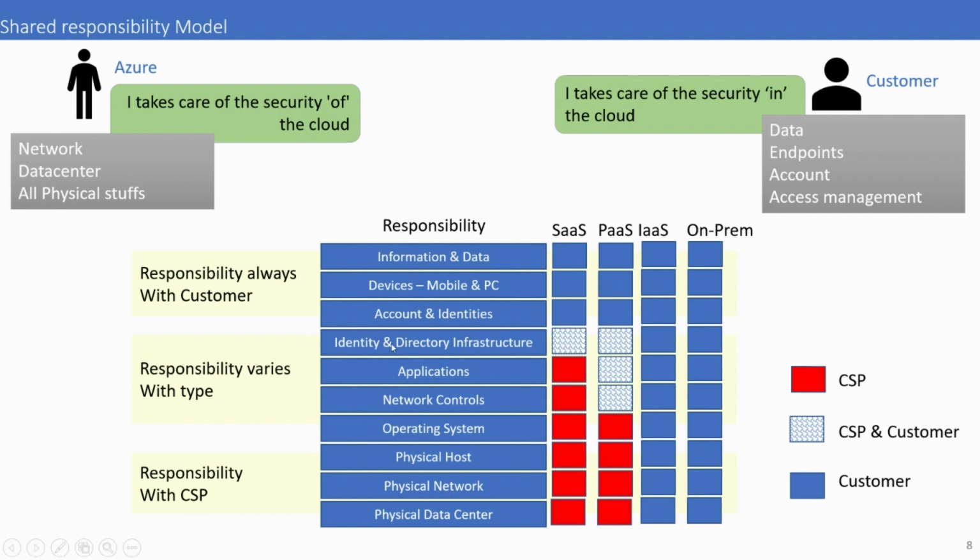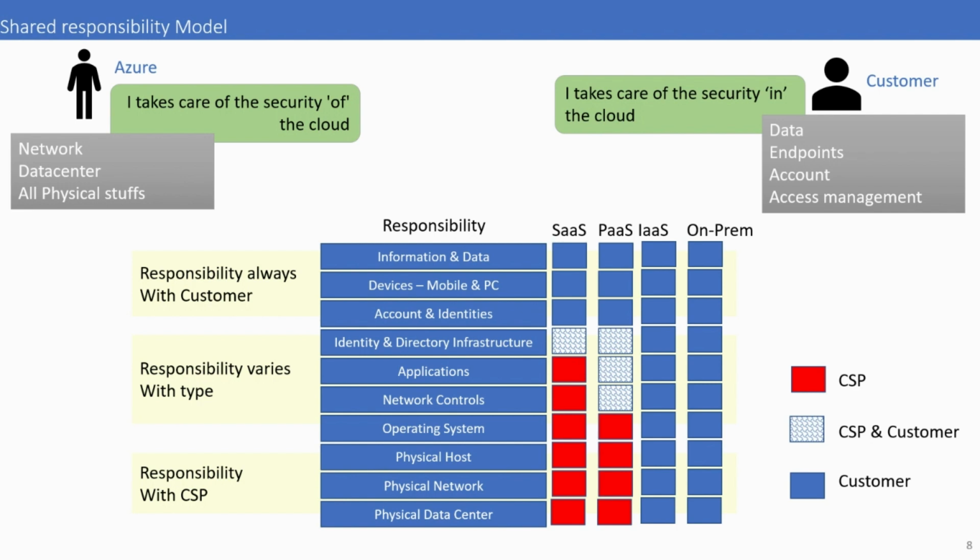If you take the next one, identity and directory infrastructure, here both the cloud service provider and the customer have to work together for SaaS as well as PaaS in providing identity and directory infrastructure. As I mentioned earlier, the cloud service provider will provide you an interface or security control mechanism, and they can guide you how to set up identity and access management.